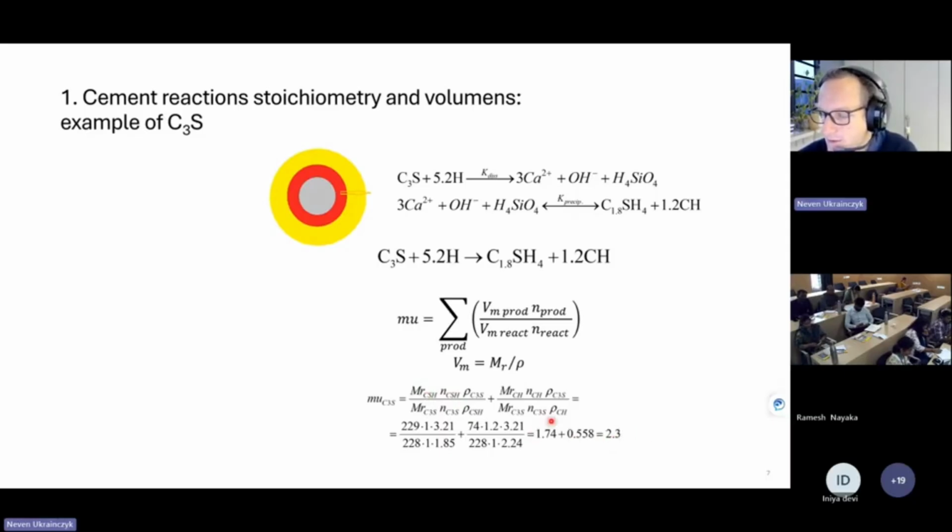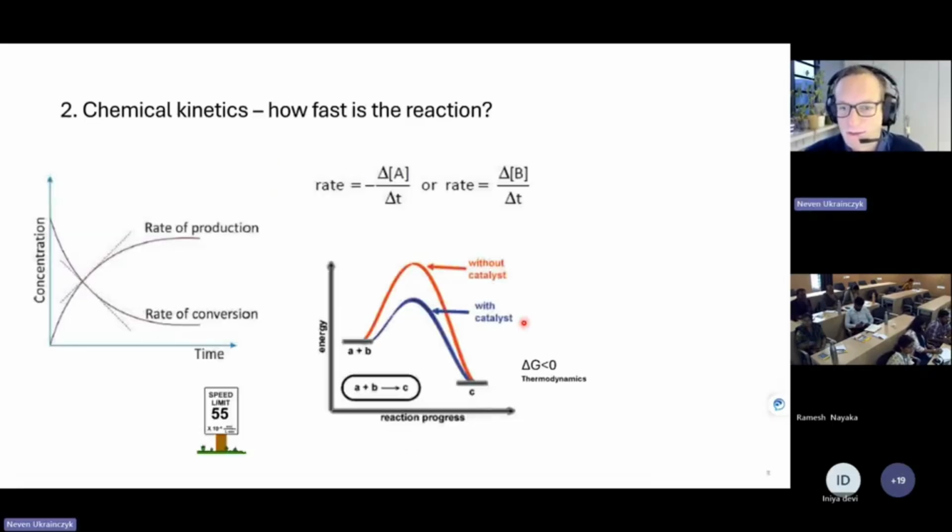It mostly comes from the CSH because there is a bigger portion of CSH and also, I think, less density. So the total volume factor is 2.3. The hydration products have 2.3 times bigger volume than the initial cement, if you consider only the C3S reaction. So this is what I just explained.